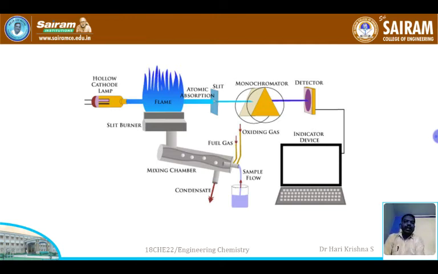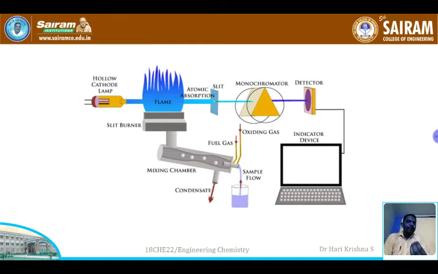So from that, light will come and pass to the flame, where you're going to send your sample. So there atomic absorption occurs in that flame. So there you'll have a slit. So the monochromatic light, whatever light is emitted, after the concentration, if you have some 2 ppm, some amount of light will be absorbed.